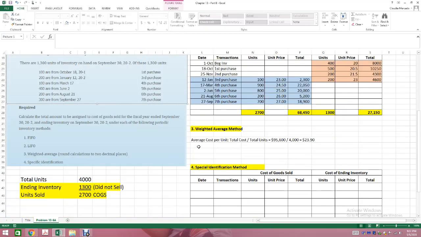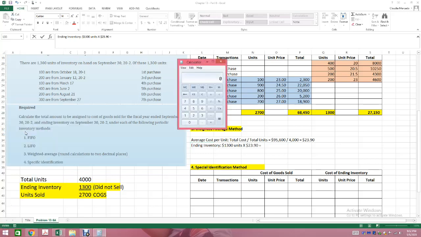Now that you've got that, you can calculate your ending inventory. For your ending inventory, remember we have 1,300 units that you did not sell. So that's going to be 1,300 units multiplied by $23.90.